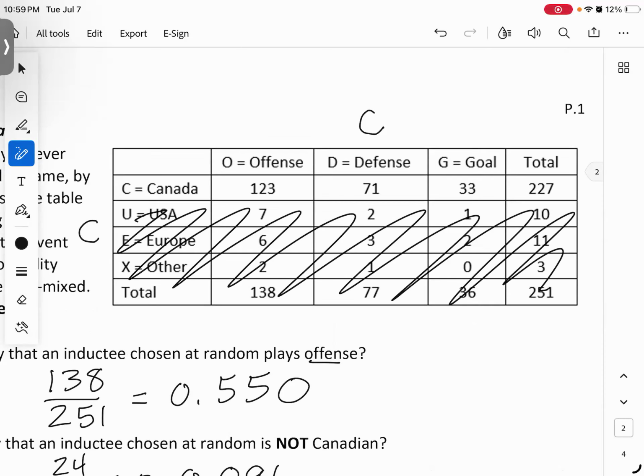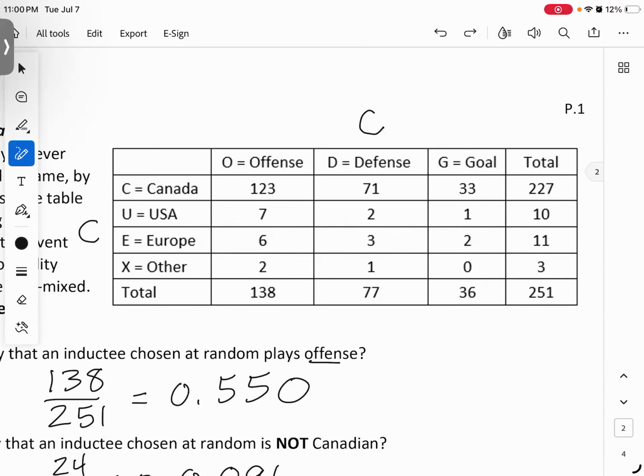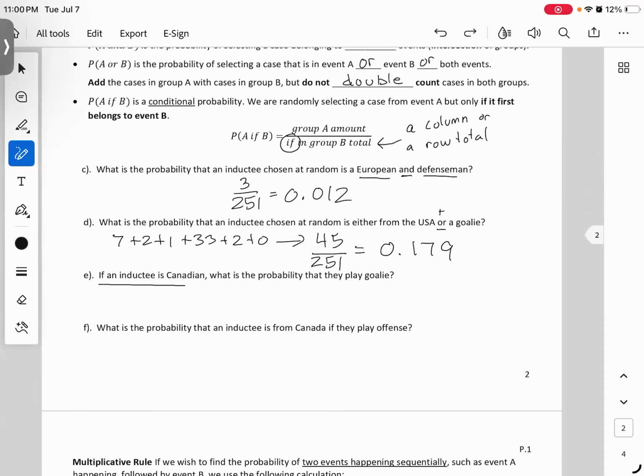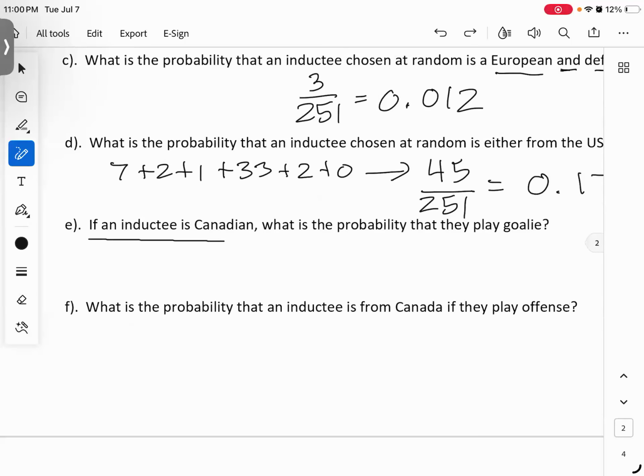And then if you read the rest of part E, it says that they play goalie. So it would end up being those two numbers I just circled. There was 33 goalies out of the Canadians, if that's all that we're specifically focusing on, just the Canadians. So that if is going to tell you to focus in on just a certain row or just a certain column.